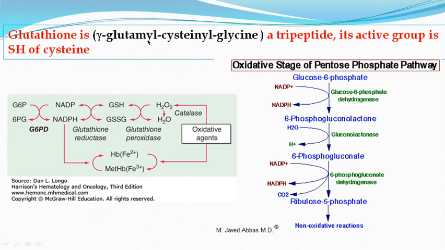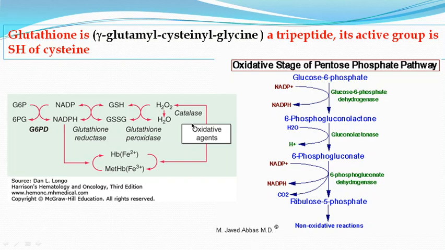These amino acids are glutamic acid, cysteine, and glycine. What is the active group of glutathione? It is the sulfhydryl group, or SH, of cysteine. So glutathione is gamma glutamyl cysteinyl glycine.